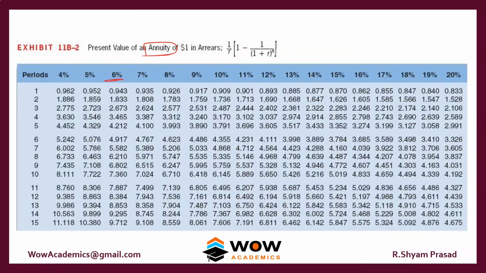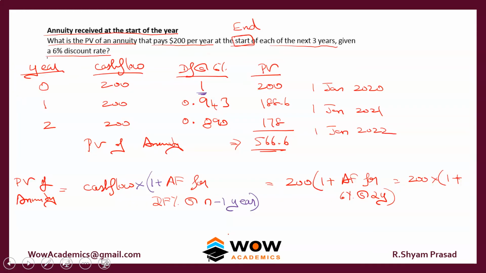For 6% for 2 years, it is 1.833. So our number will become 200 into 2.833. So our answer will be 566.6. If you see, this answer is similar to this answer, but this is a shorter approach.